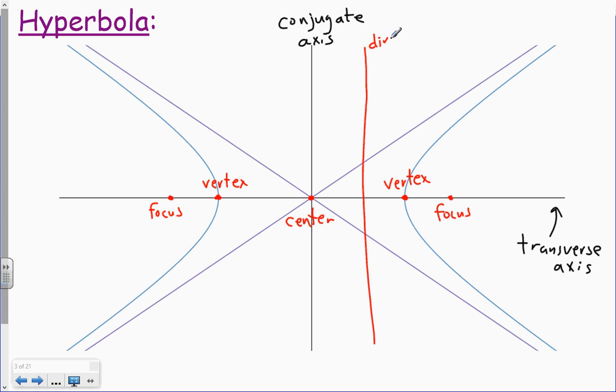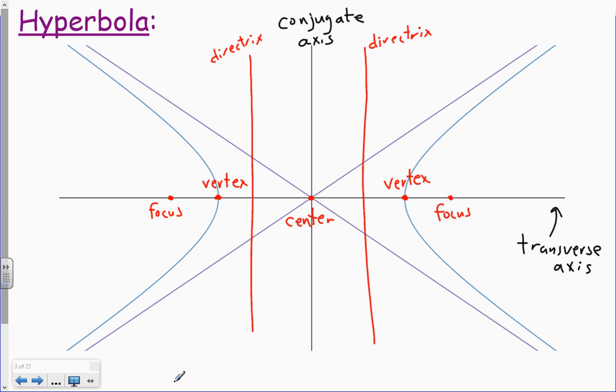This is a directrix. And we'll draw in the other directrix. So again, there's symmetry to this, so I'm going to try to draw it about the same, but you may be able to sketch yours. So there's some nice symmetry there. Okay, so those are two directrices here for the hyperbola.